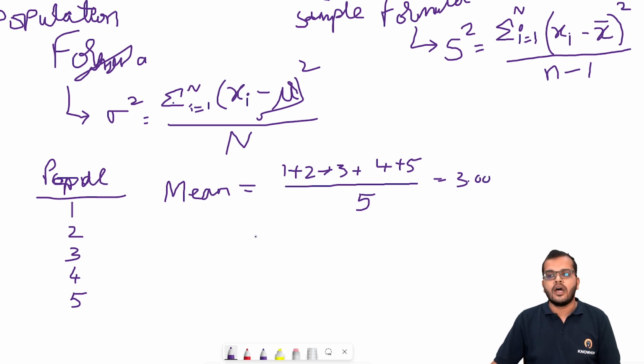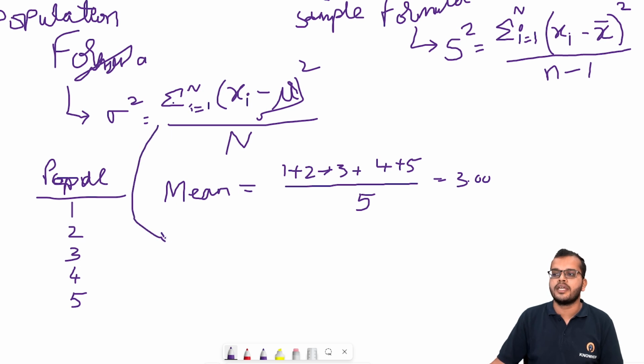Now, with the same data, let's find the population variance. The formula is the summation of xi minus mu, whole square, divided by the total number of observations.